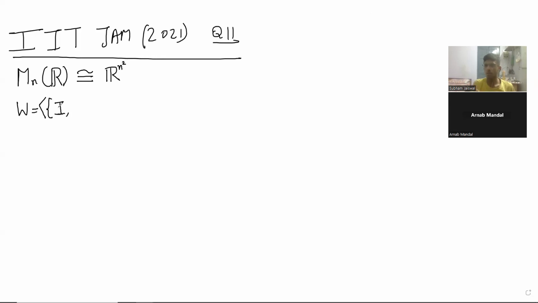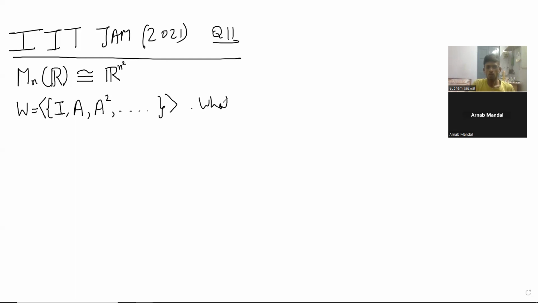So these are the vectors now: the identity matrix and this matrix, and its powers. So what will be the dimension of this space? That is the question.